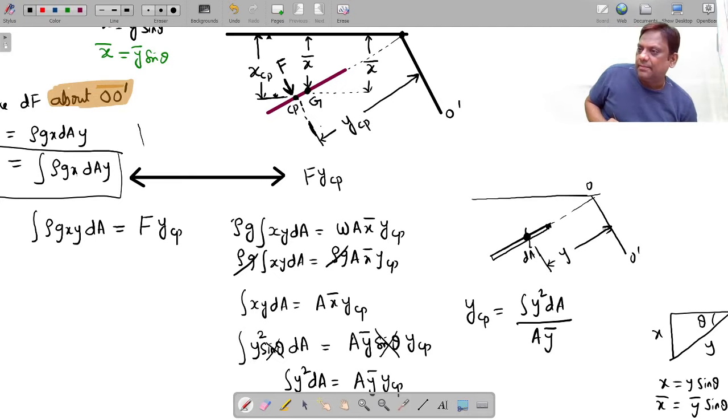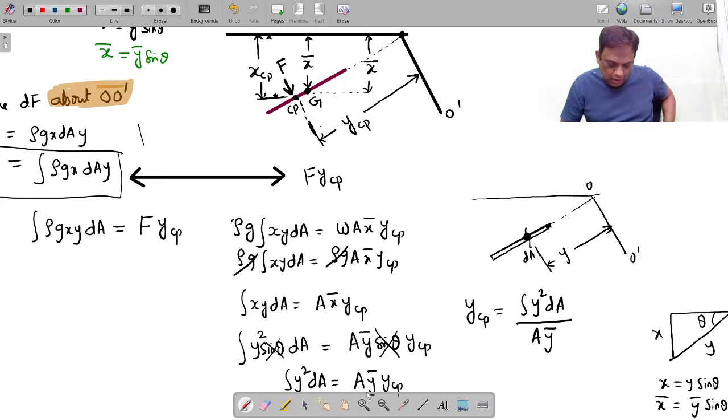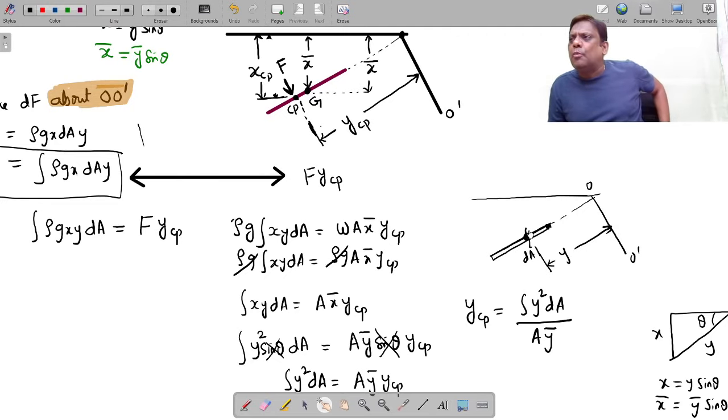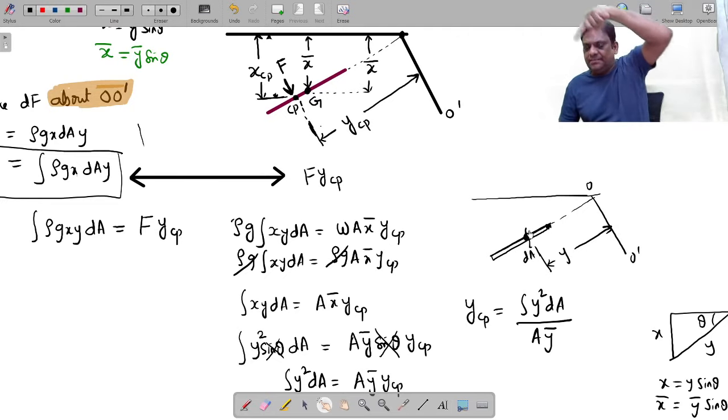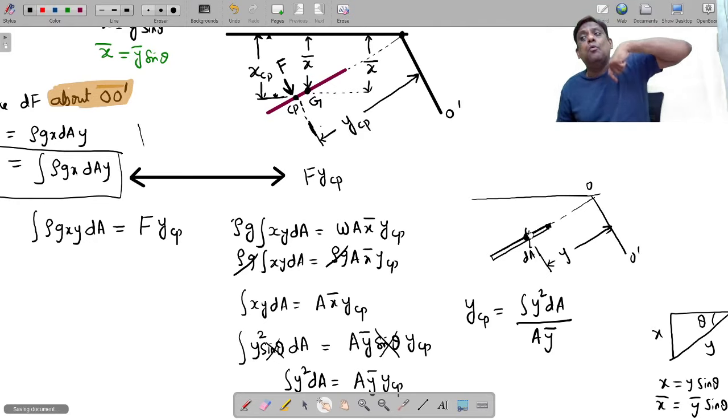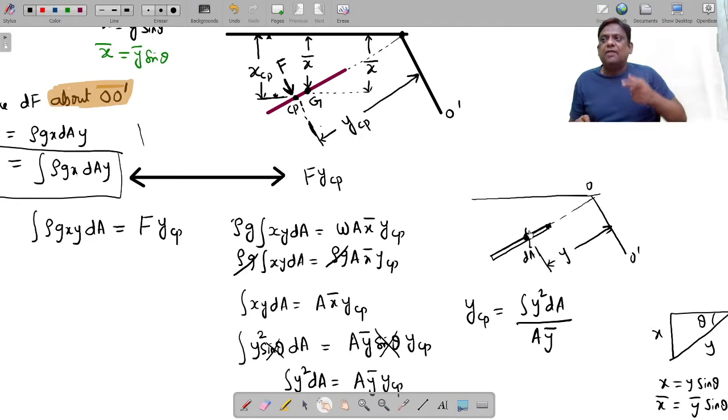What is the moment of that area about O dash? It will be something like moment of force into perpendicular distance. So instead of moment of force, I am taking moment of area. The moment of force is F into perpendicular distance, so the moment of this area will be dA into y.